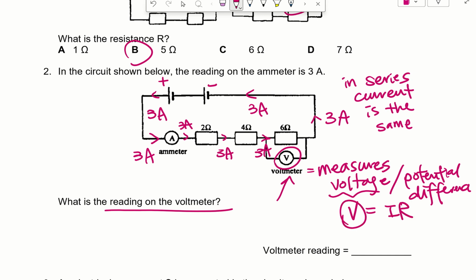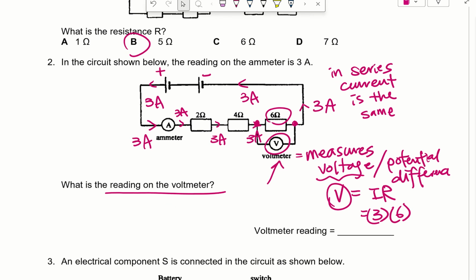So they want us to find V, and we know that the current that passes through it is 3 ampere, and the voltmeter is measuring the potential difference across the 6 ohm, right? Because the two legs are connected across the 6 ohm. So the resistance here will be 6.